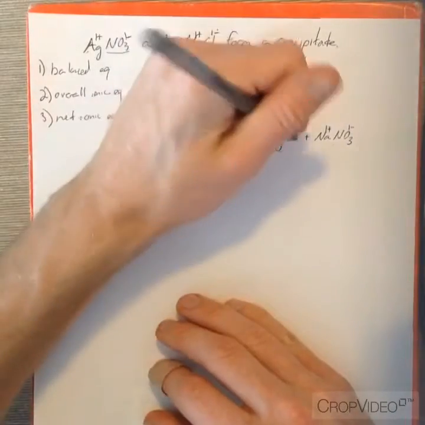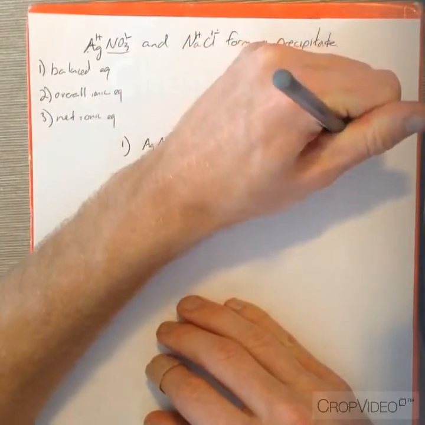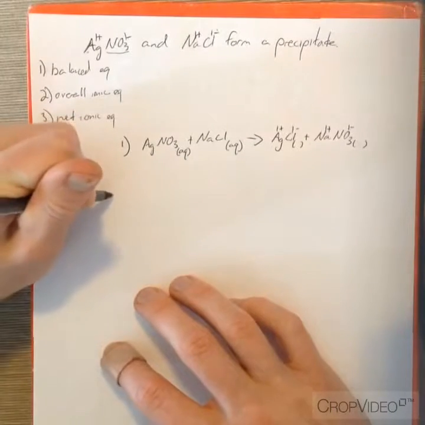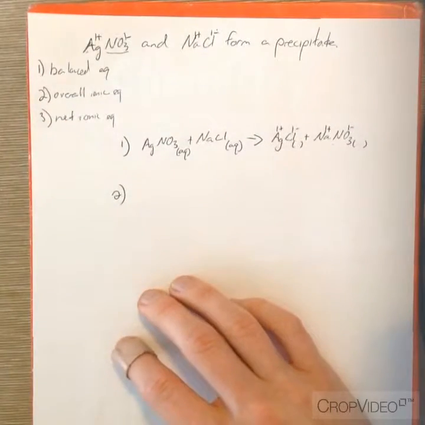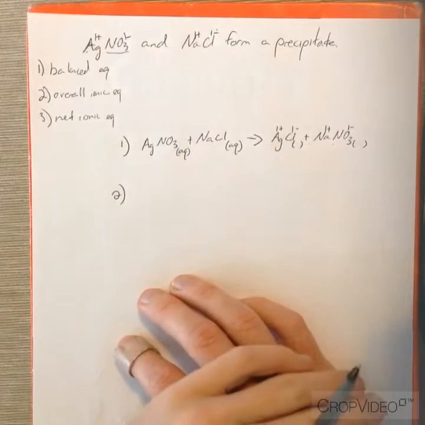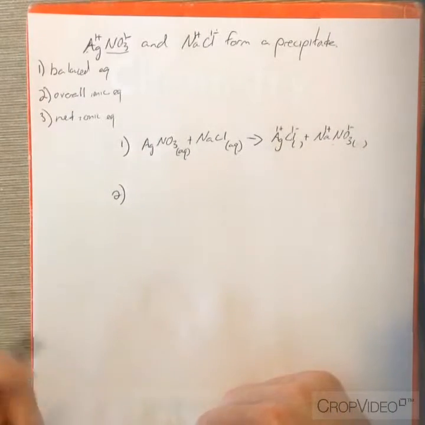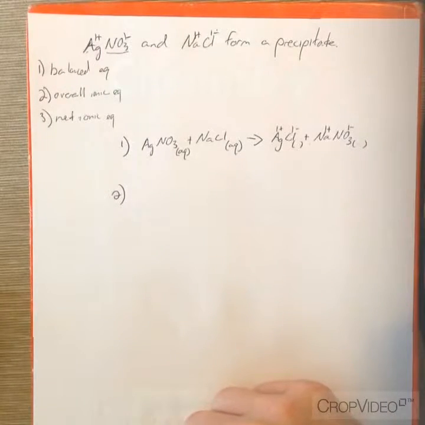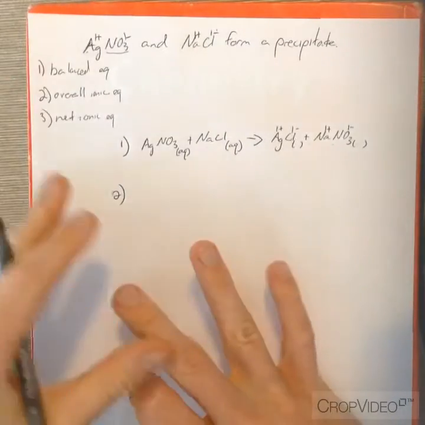I'm going to fill in my states here in a second once I get to number 2, overall ionic equation. So this is where we spread things out with the charges, look at the solubility rules, and figure out what precipitate had formed. And we're once again going to use the solubility rules. I have it in front of me with the computer. If you want to have that in front of you as well, that would be of assistance. Okay, so yes, these are compounds that are together, but they're dissolved in water, which means effectively they're just spaced all out.